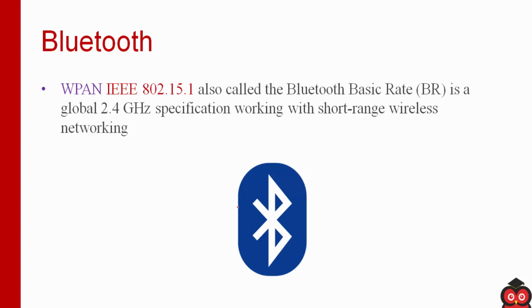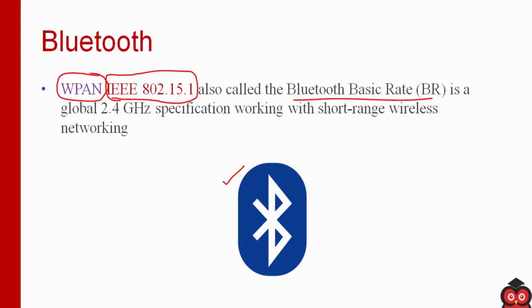This is the logo or icon of Bluetooth. Maybe all of you have seen it somewhere. The standard for Bluetooth technology is IEEE 802.15.1. Initially Bluetooth was called Bluetooth Basic Rate, or simply Bluetooth, and it's a personal area network technology.